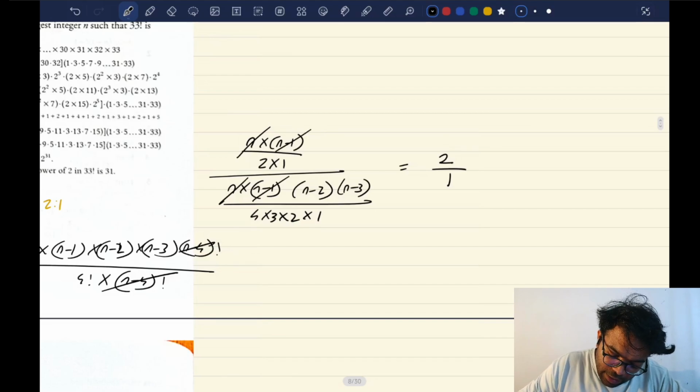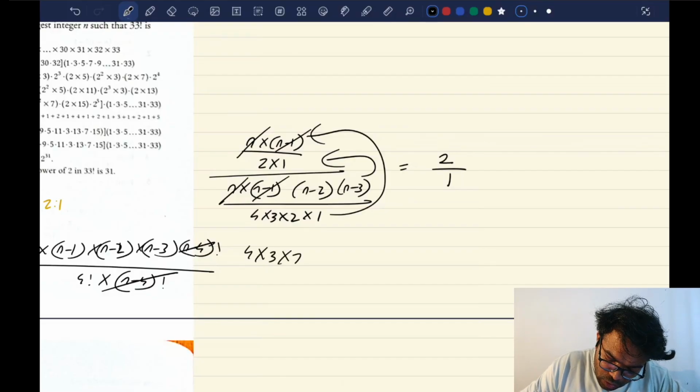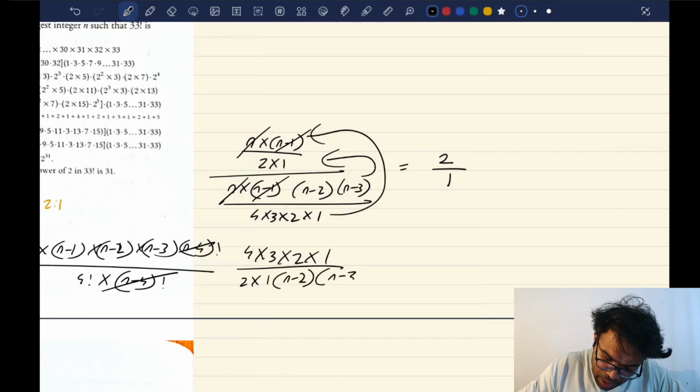So basically this goes here and this goes here. So we get 4 into 3 into 2 into 1 upon 2 into 1 into n minus 2 into n minus 3. This and this gets cut off.